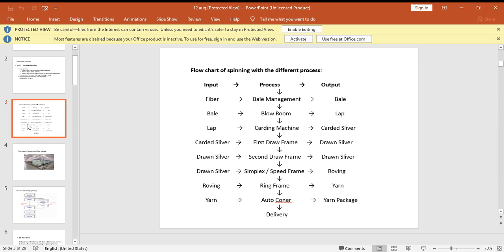Then bale goes to blow room to lap, then lap to carding machine to carded sliver, then carded sliver to first draw frame to drawing sliver, then drawing sliver to second draw frame to drawing sliver, then drawing sliver to simplex speed frame to roving, then roving to ring frame to yarn, then yarn to winder to yarn package, and finally delivery. So this is the flow chart of spinning with the different processes.